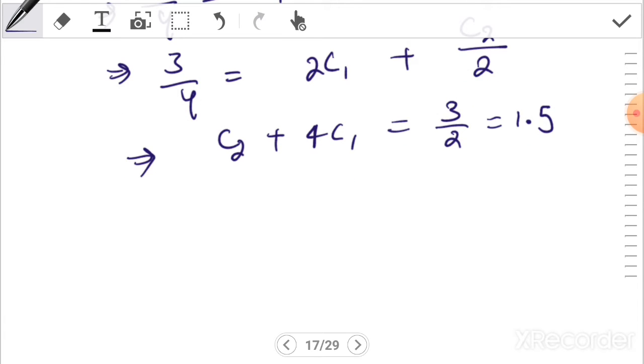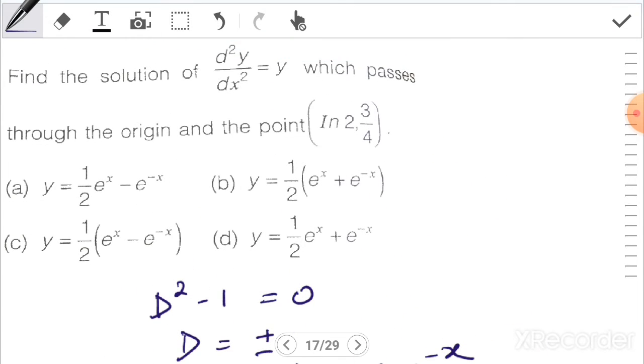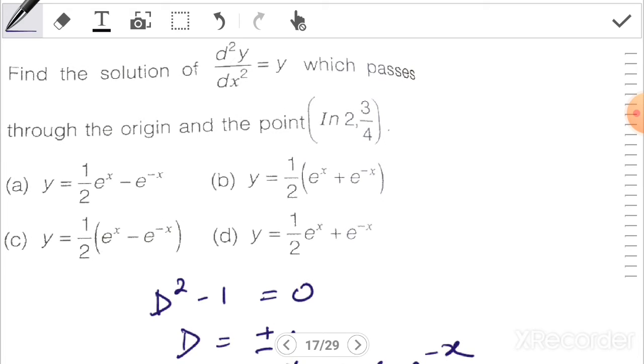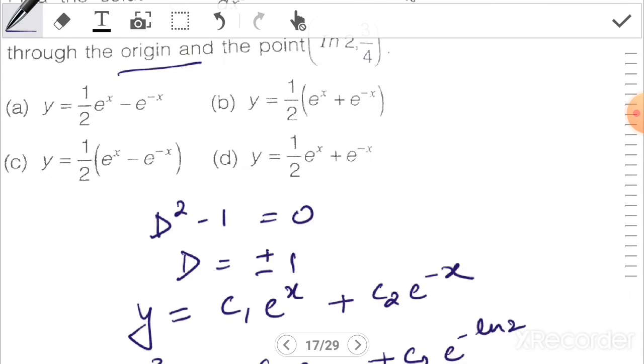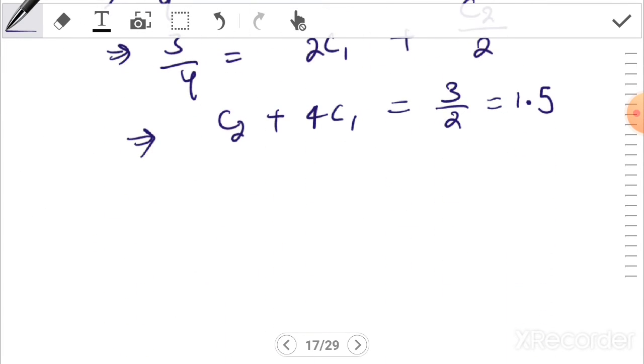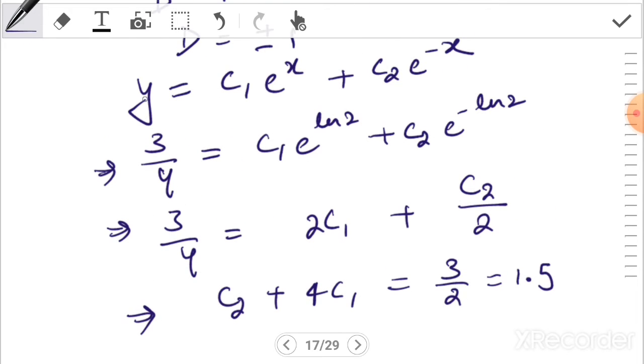And since this equation also passes through the origin, that means at x is equal to 0, y is also equal to 0. So 0 is equal to c1 e power 0 plus c2 e power minus 0.